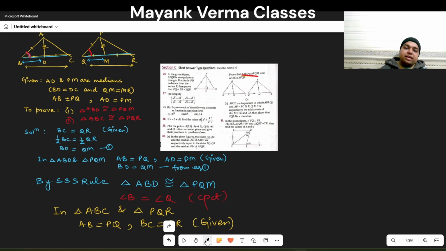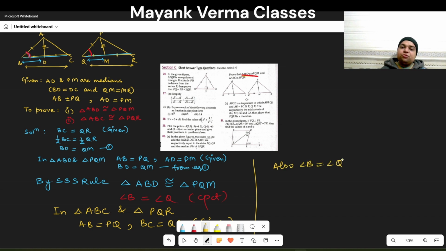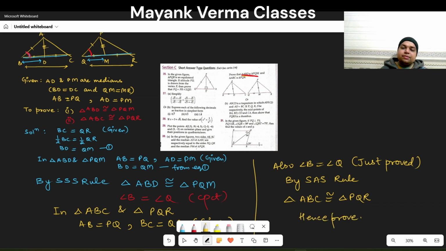So I can write here also angle B is equals to angle Q, just proved, by SAS rule, triangle ABC will be congruent to triangle PQR. Okay, so hence proved, we are able to prove both the statements.